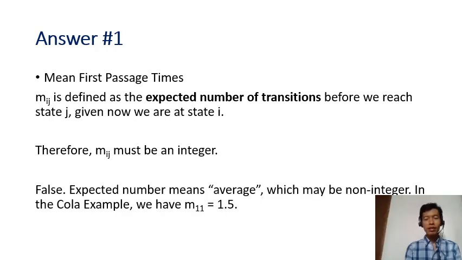The answer is false. Expected number means average, which may be non-integer, right? Because an average can be any real number. In the cola example, we have M11 equals 1.5, and that is okay because it's an average, not something that must be an integer.